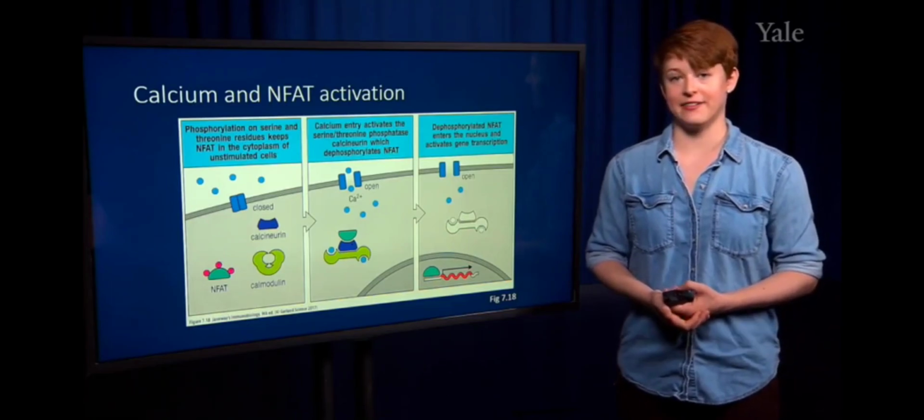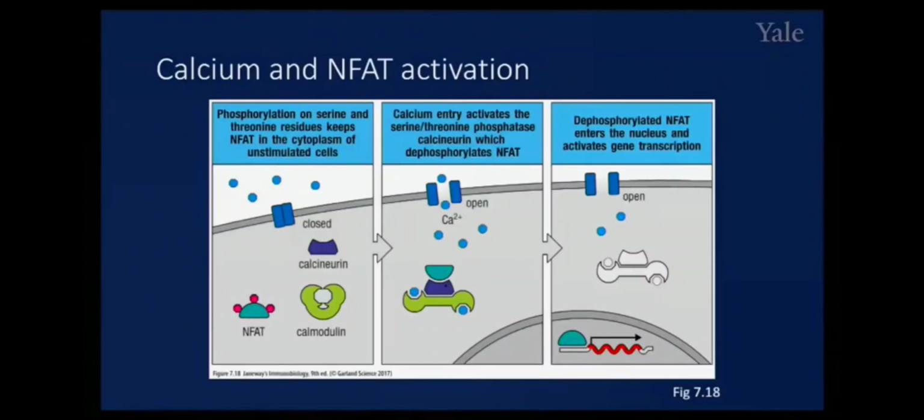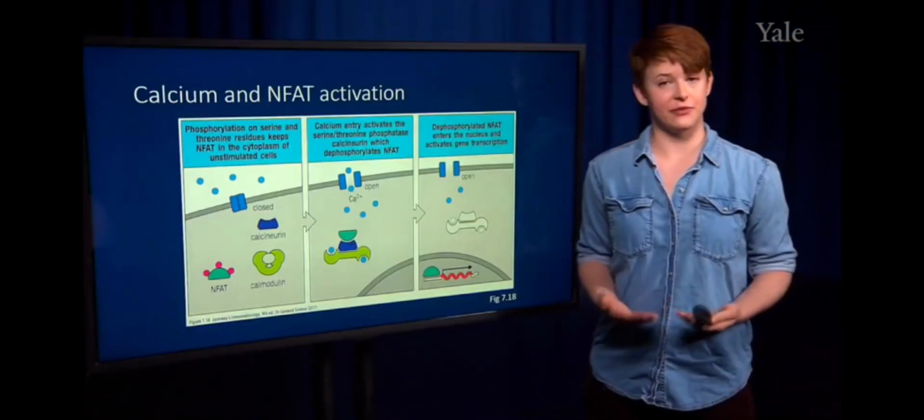So here, this is actually not a tyrosine kinase. In this case, we're dealing with serine and threonine kinases. So phosphorylation on the serine and threonine residues keep NFAT in the cytoplasm. So when these residues are phosphorylated, NFAT is stuck outside the nucleus.